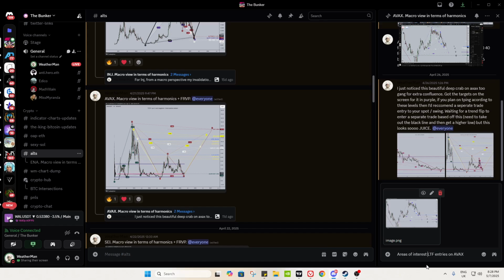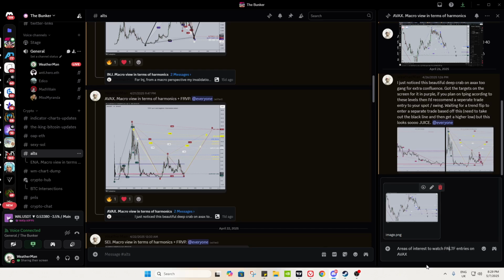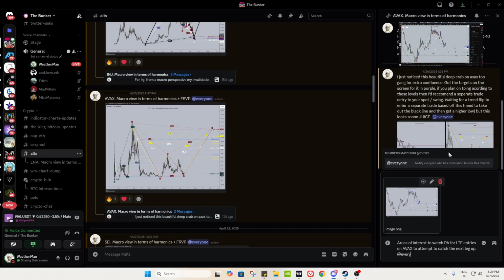Areas of interest to watch price action for AVAX to attempt to catch the next leg up. And I'll tag all you guys there.